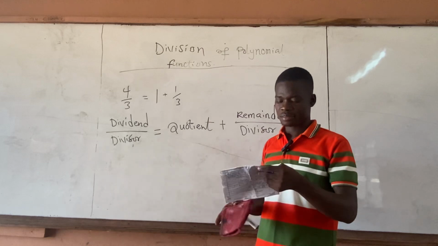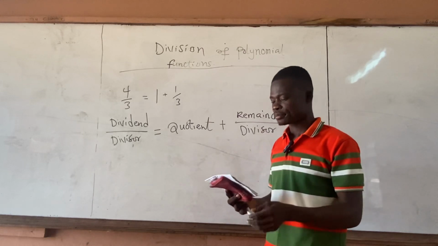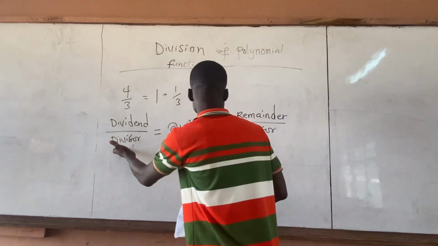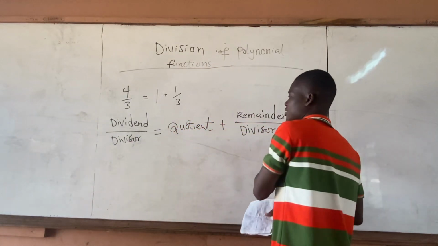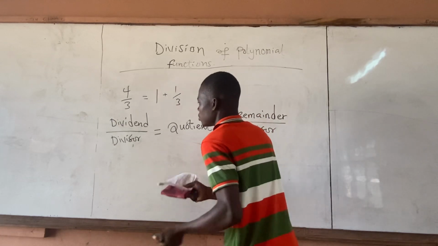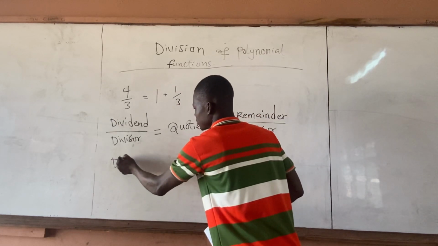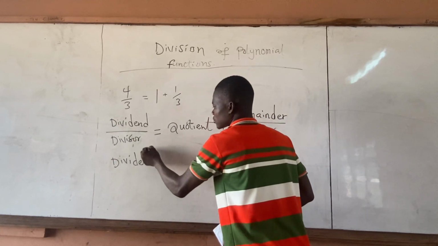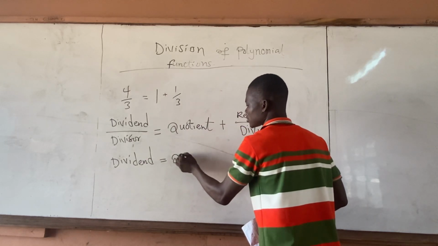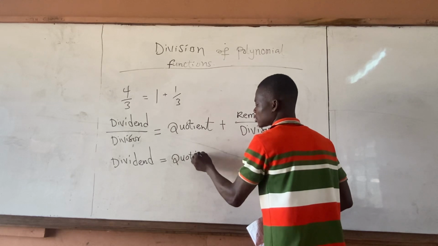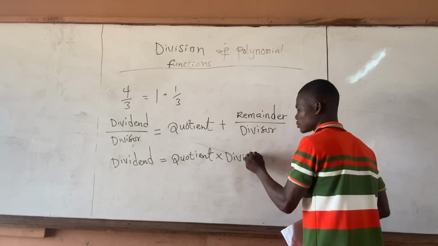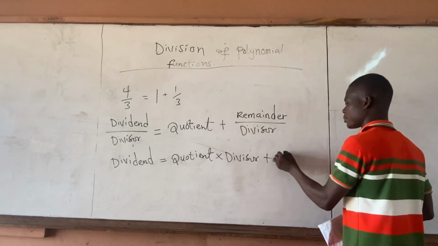So now, on a more serious note, let's multiply through by the divisor. When you multiply through by the divisor, you are going to get dividend is equal to the quotient times divisor plus remainder.